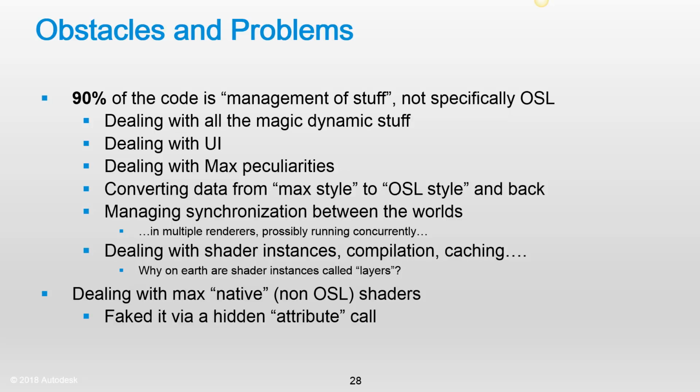The get attribute now throws a little token that we in the render services can convert back to the C++ pointer, call the classical Max shader, get the color out of it and plug that back into OSL. So we allow both directions, regular Max shaders calling OSL shaders and OSL shaders calling regular Max shaders, which is kind of neat.